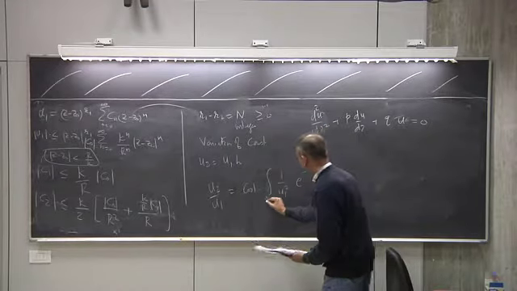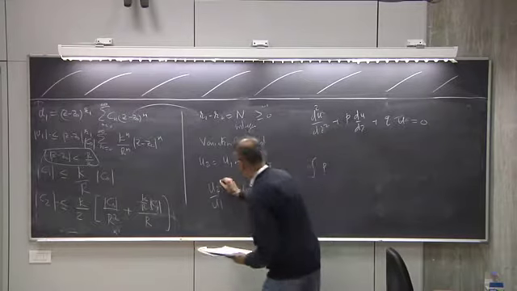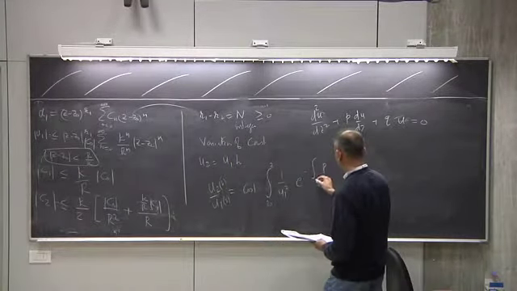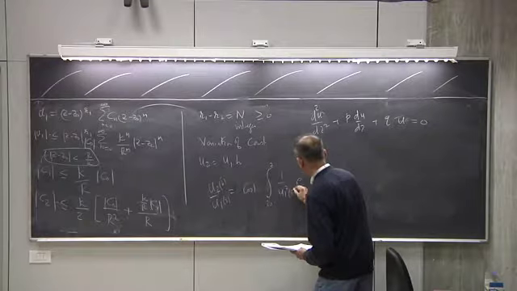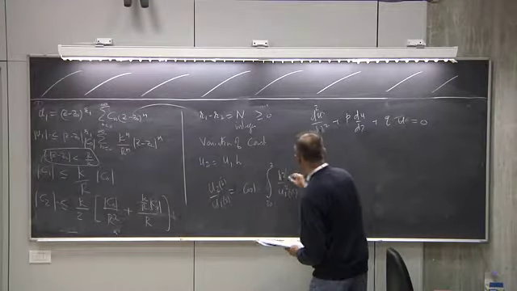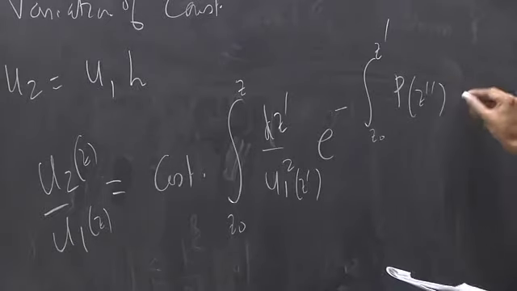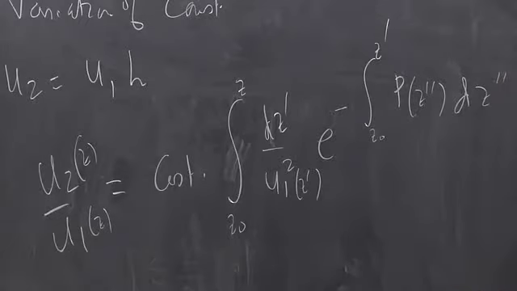You can choose some point z naught; this is at z prime, dz prime, and this is p at z double prime, dz double prime. Right, this was the solution.